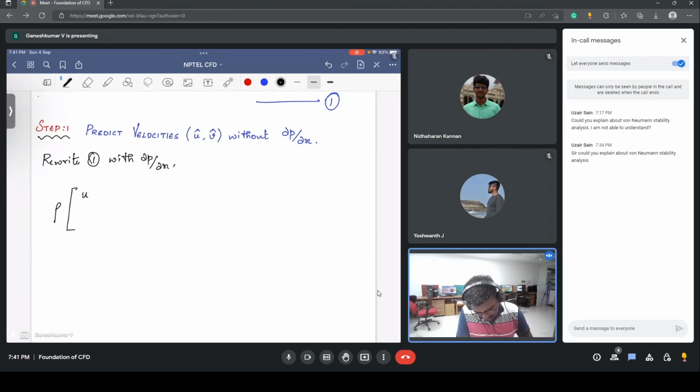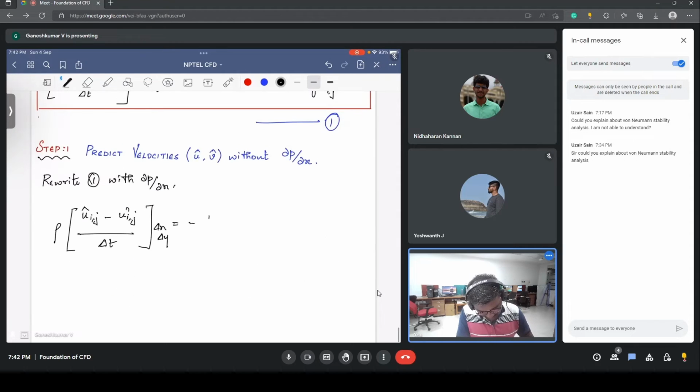What happens? U cap I comma j minus u at n I comma j divided by delta t times delta x delta y, and then we will have a convection term, and then we will have a diffusion term.